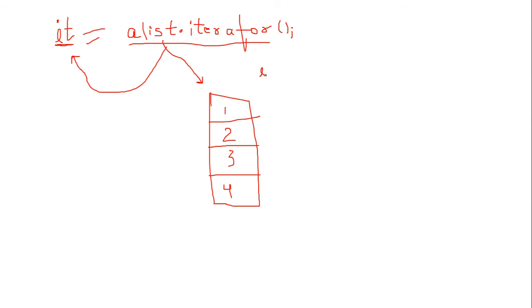Suppose this is your iterator object, and it is sitting outside of this block, or you can say outside your ArrayList object. So as of now it is outside. So here this is an iterator object.